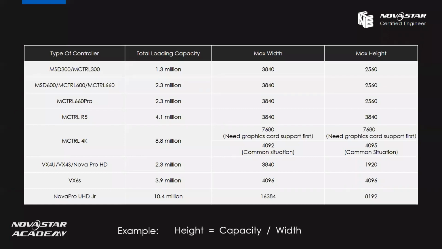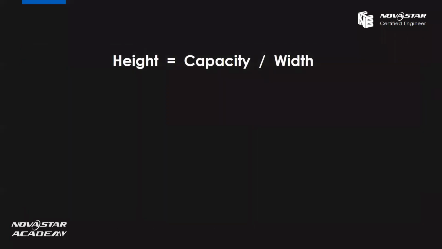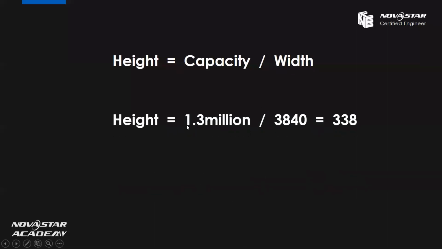We can use this formula: the height is equal to the capacity divided by the width. So here we use 1.3 million pixels divided by 3840, and after calculating, we get a height of 338.